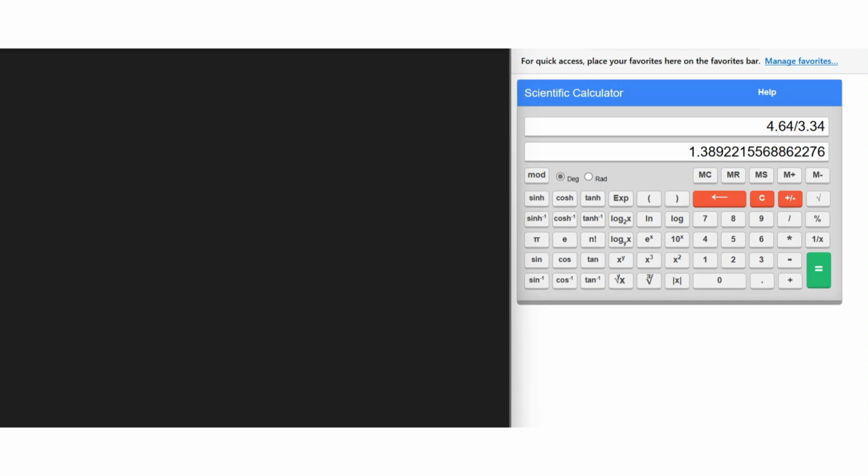Let's take another example. I'm having this value 25.6 divided by 2.34 plus 23.68 divided by 3.61.